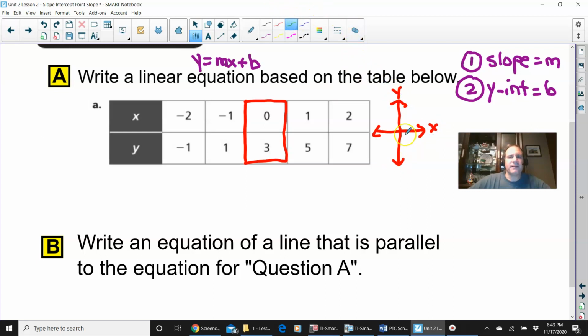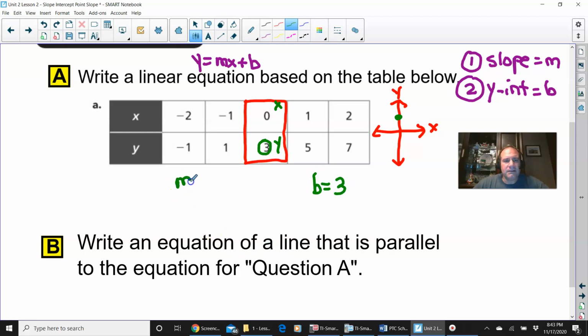I can't draw, but I could sketch. 0 is the x value, and this is your y value. So 0, you don't go right or left. Up 3. That's the y-intercept. The 3 is the y-intercept.